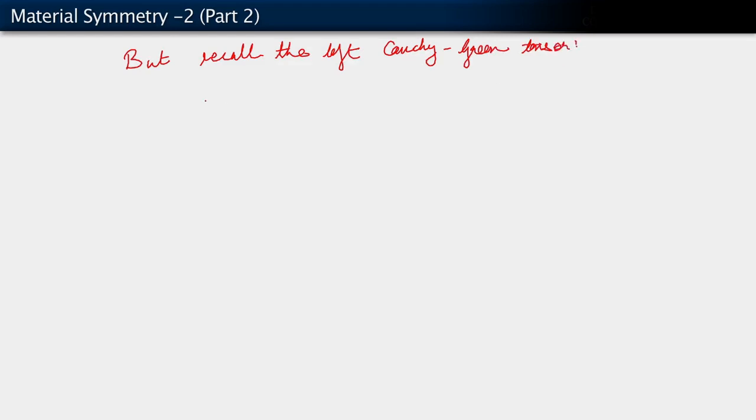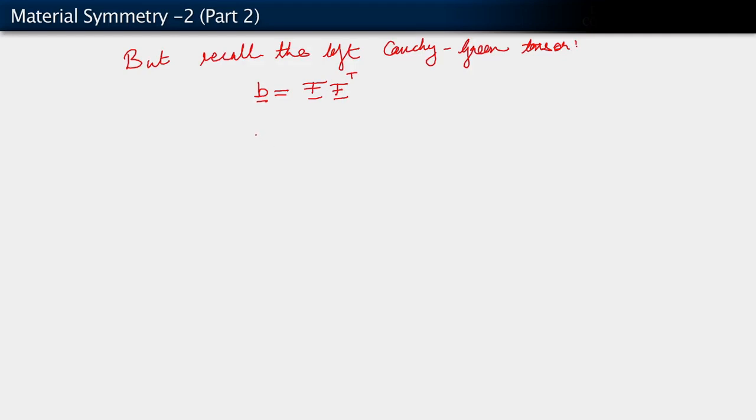We introduced this a long time ago when we studied polar decompositions. We defined this tensor as little b, which is F F transpose. It looks very much like our right Cauchy-Green tensor, except that the positions of F and F transpose have been reversed in that product.